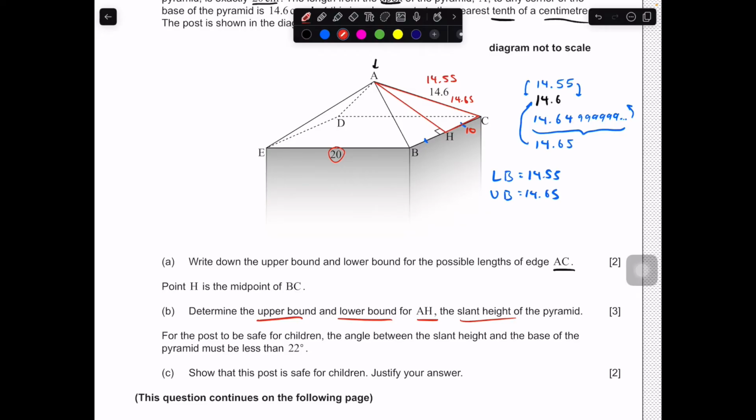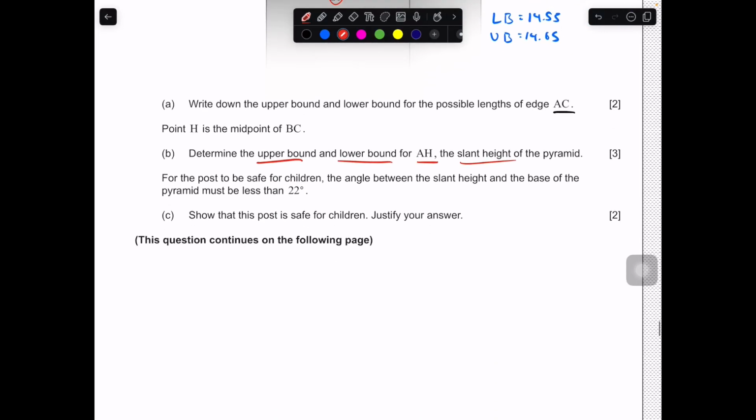So let's determine the max and min for this. Essentially we can use Pythagorean theorem. So let's draw a triangle and see what we can do for the lower bound and upper bound. Let's call this lower bound, and let's call this the upper bound.